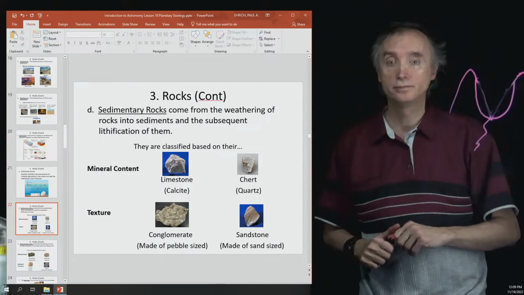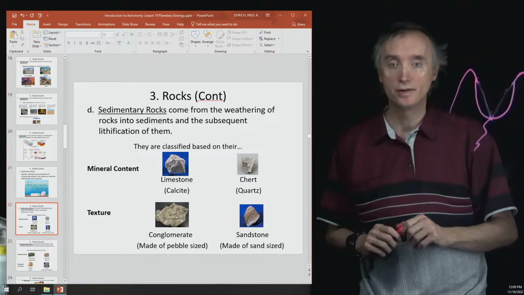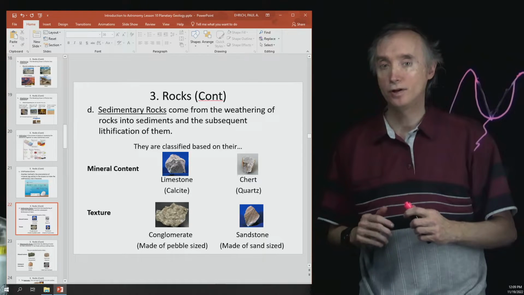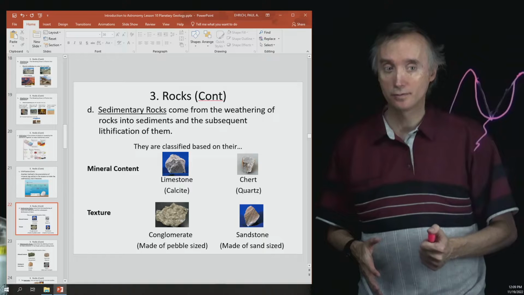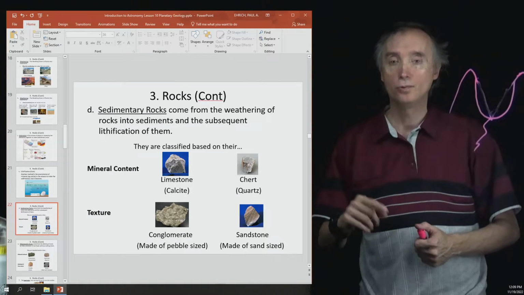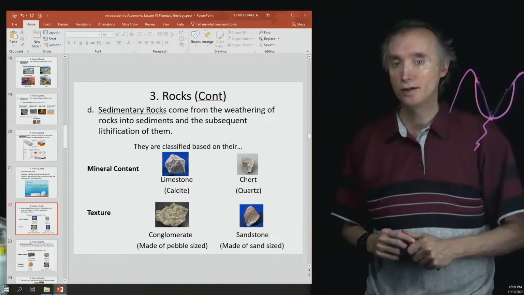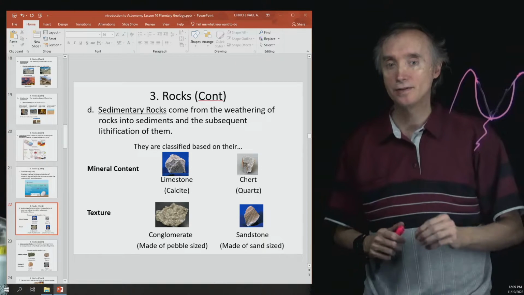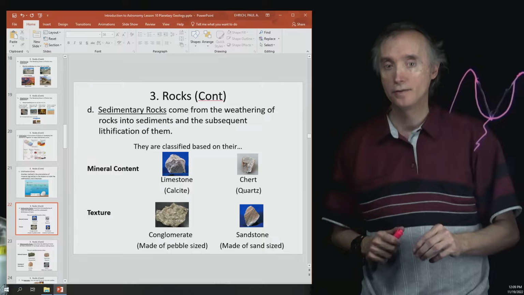Okay, then texture. So in the same way that we could classify an igneous rock by whether it has crystals or not, we can classify a sedimentary rock by the size of the particles that make it up.